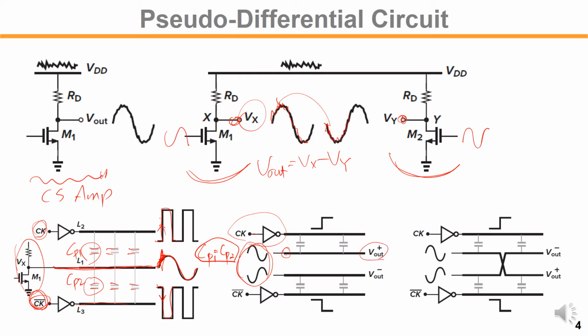For Vout plus, near that we have a positive clock running, and for Vout minus, near to that we have a negative clock running.